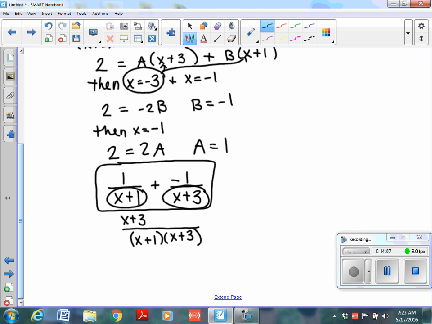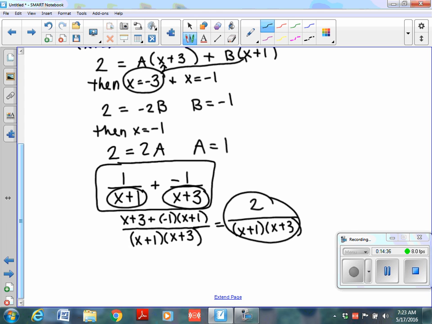This one's missing the x plus 1, so you're going to multiply it by x plus 1. And what you're going to have is what we started with. I'm just going in a circle. You're going to get a negative x and a positive x cancel each other out, and 3 minus 1 will give you 2. So I'm just showing you that you can break this up into two partial fractions.